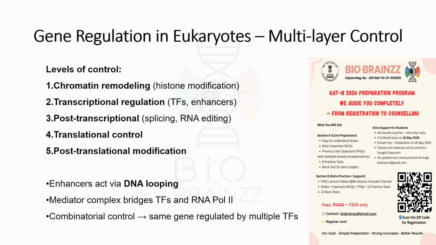The mediator complex connects transcription factors with RNA polymerase II. Another important concept is combinatorial control, where multiple transcription factors work together to regulate a single gene. This complexity allows precise control of gene expression in different cell types.